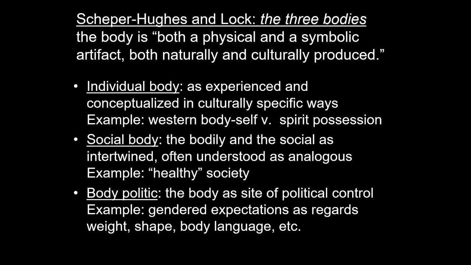So an example of that sort of self-policing is the ways that many of us take pains to meet gendered expectations around bodily presentation. That can be in terms of the size and shape of the body, the way the body is adorned, even up to things like body language. So the body politic, then, is Shepherd, Hughes, and Locke's way of talking about how political power and control are enacted on and through the body.